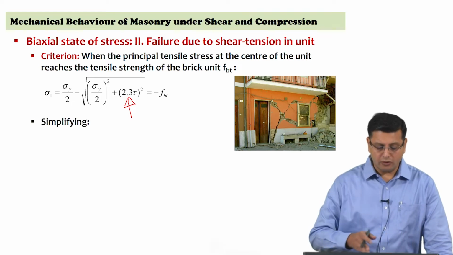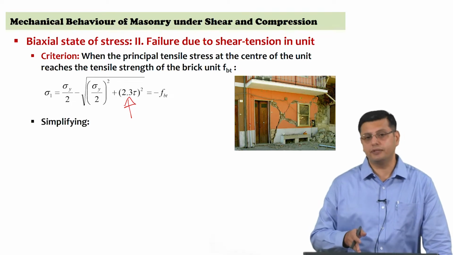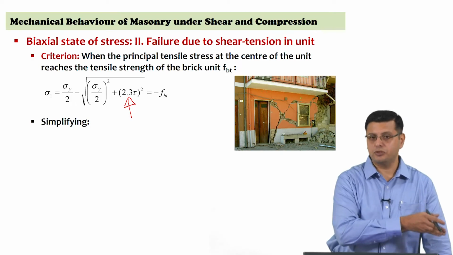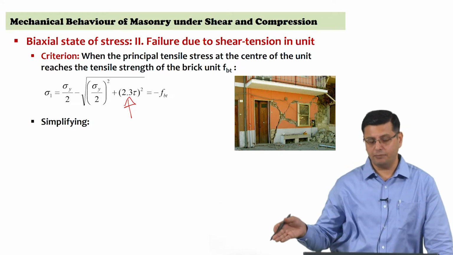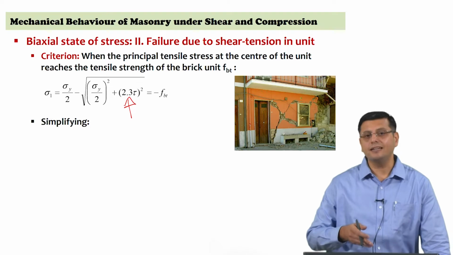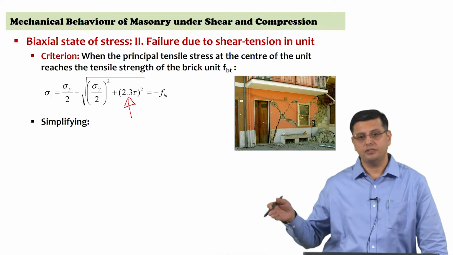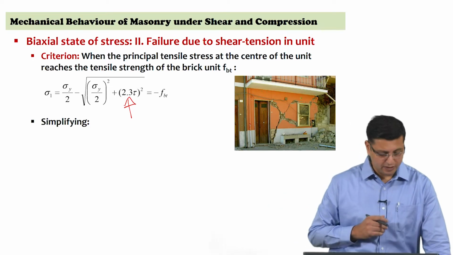If we now rewrite this expression in terms of tau, because the earlier expression was written in terms of tau as a function of sigma y, we again want for the second criterion the value of shear stress as a function of sigma y.